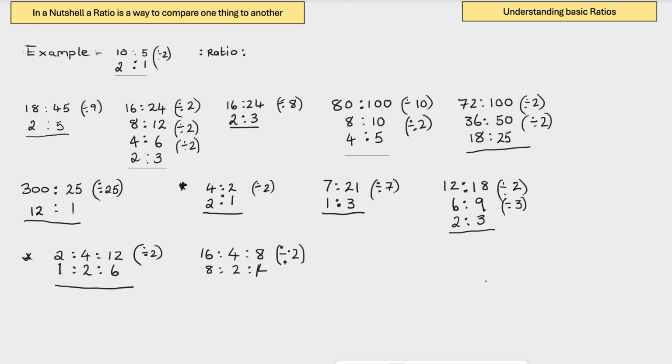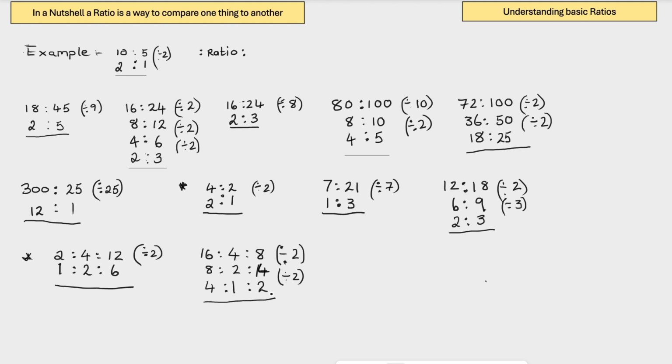Can we go again? Yes, we can. We can divide by 2 again. 2's into 8 is 4. 2's into 2 is 1. And 2's into 4 goes twice. So there we go.